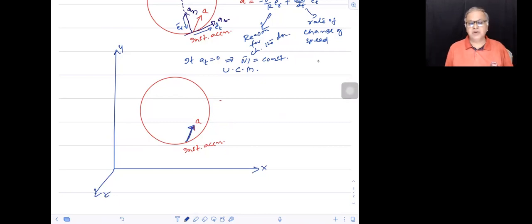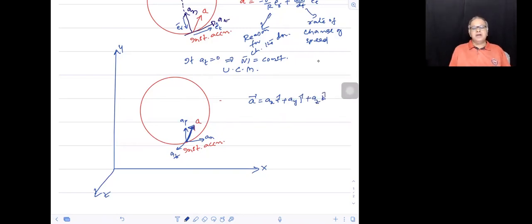Now you can think this A to have three components: AX, AY, and AZ. So one can write it as what? A bar equals AX I cap plus AY J cap plus AZ K cap. This is purely analytical way of discussion for A.